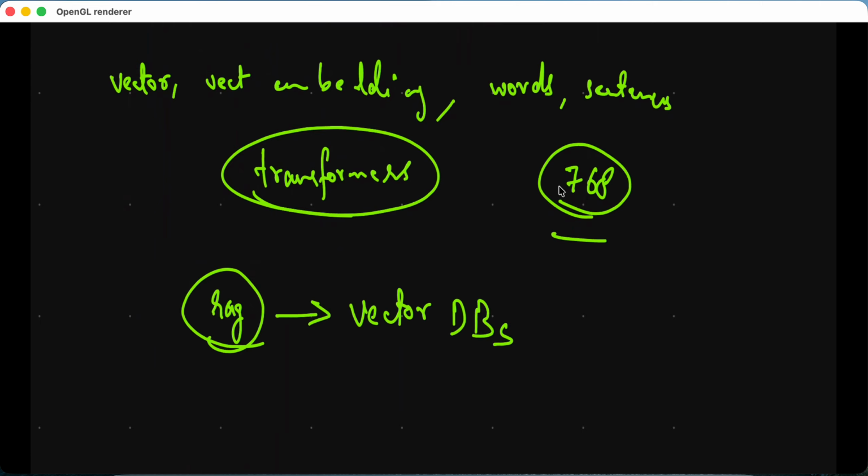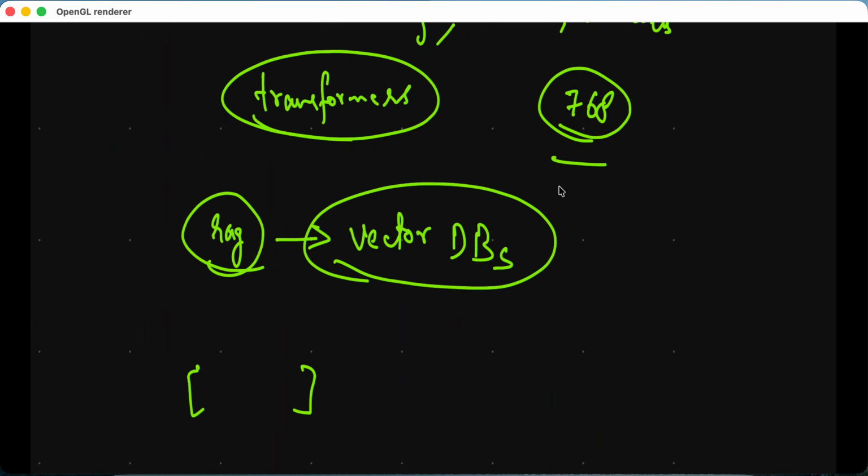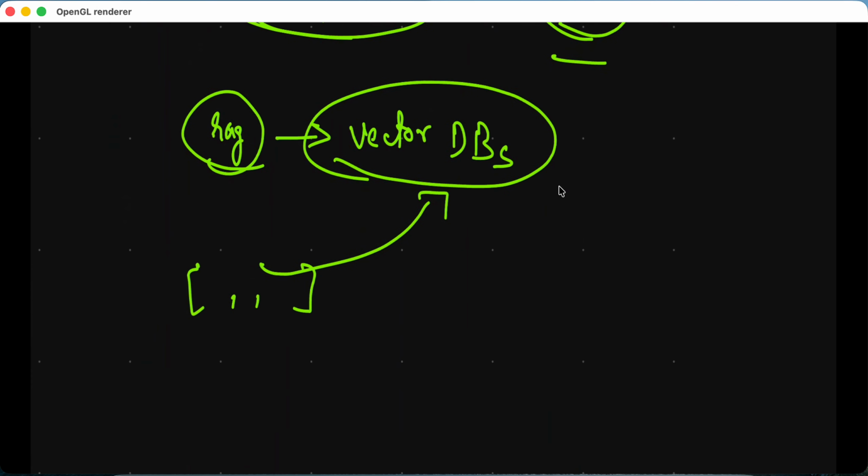So we'll understand vector DBs as well, and how these vector embeddings are stored inside the vector DBs, and how we find meanings or do similarity search using these vector embeddings, and what techniques are used in similarity search. There are many techniques, let's learn about all of them, and how we can make our RAG models better.